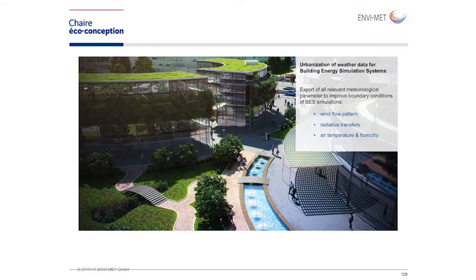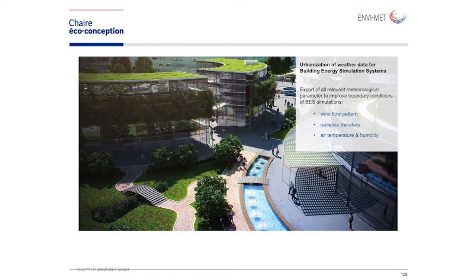And another point where we are very interested in right now is what you call the urbanization of weather data for the building energy system simulations. So that we of course know that each building which is included in a cluster of other buildings included in an urban framework has of course its own patterns of wind flow on the different facades, its own impact of radiative transfer, and also the air temperature and the humidity on the different sites and the forms of the buildings.